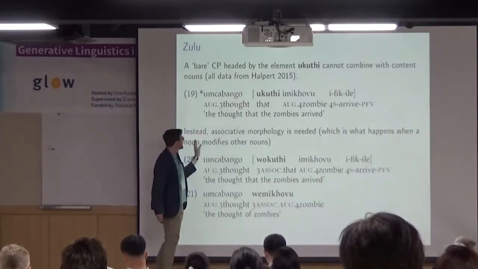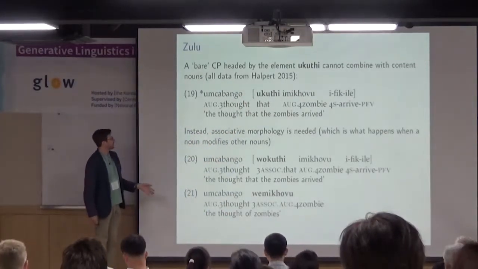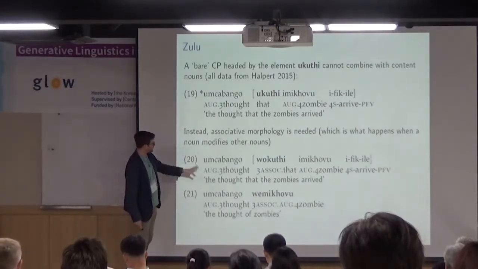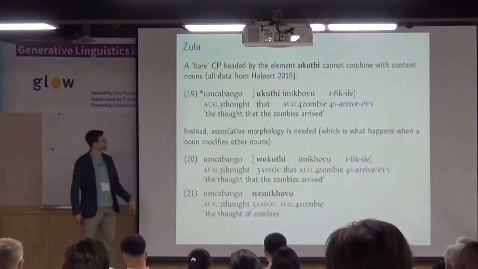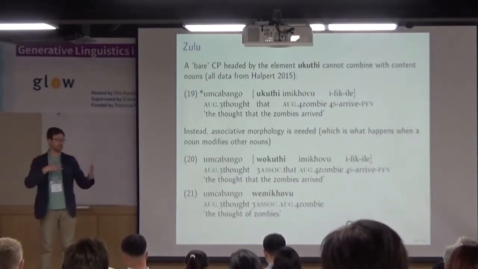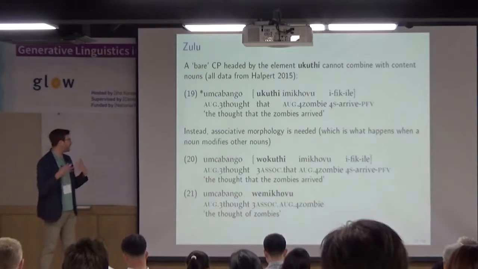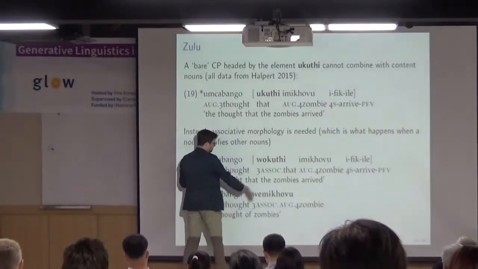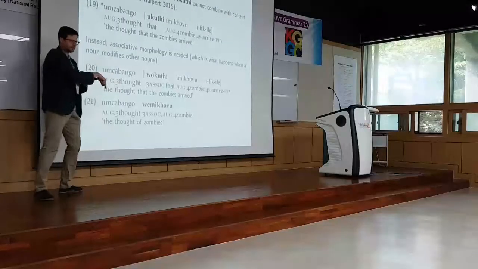What you've got to do is something different. You've got to add associative morphology. Now, the associative morphology is just what happens elsewhere in the language when a noun modifies another noun. But the point here is that this alone is not a predicate.